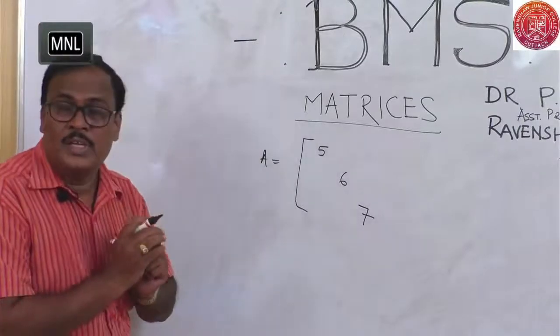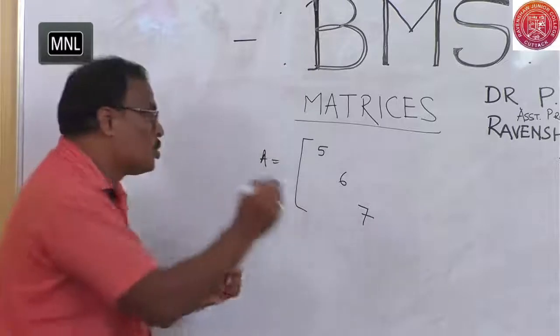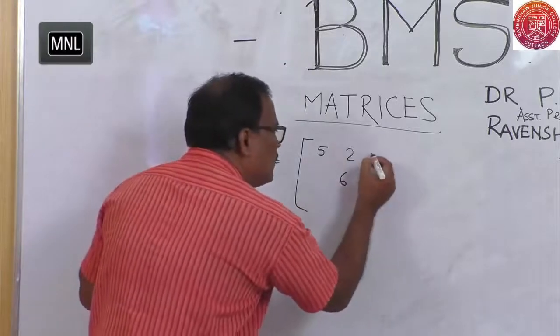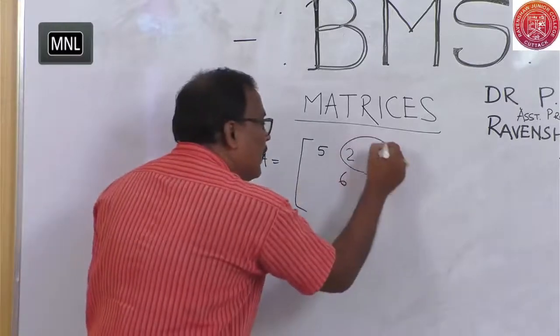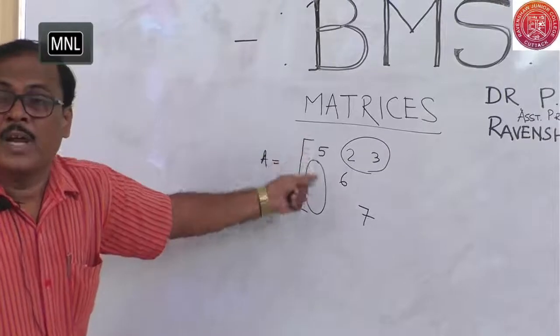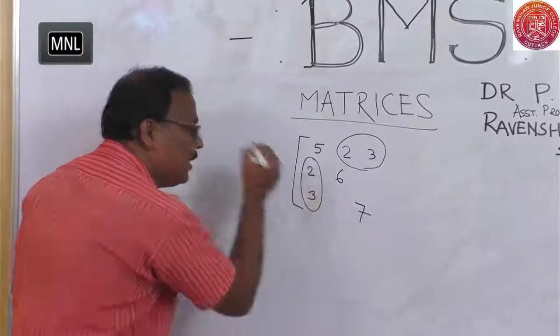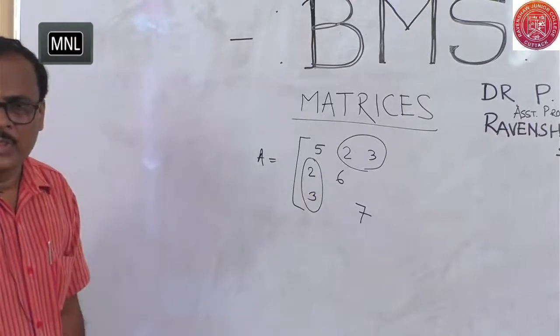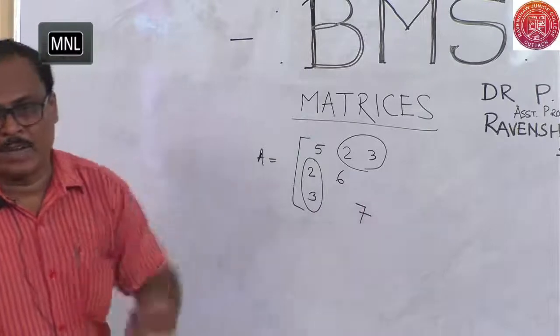Then come to the first row, second and third element. Suppose you write 2, 3. And this should be recorded in the first column, that is the second and third element, 2 and 3. Then another element: second row, third element.